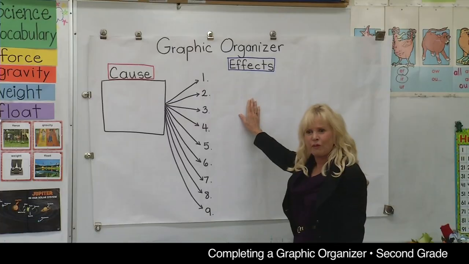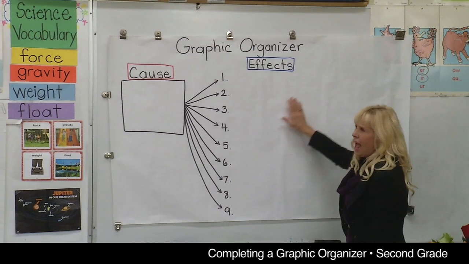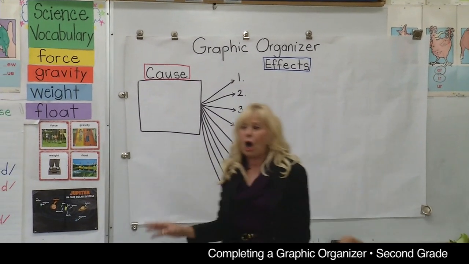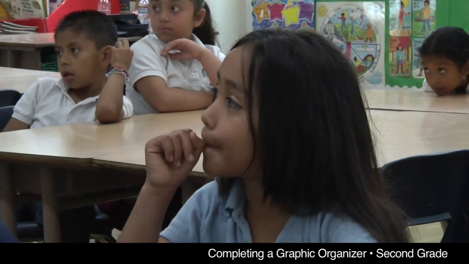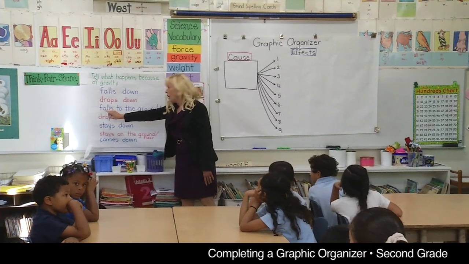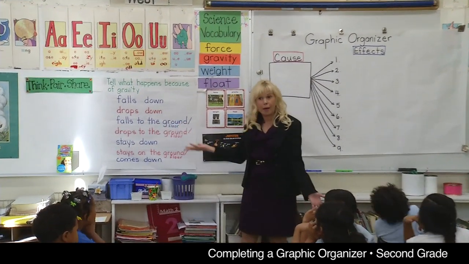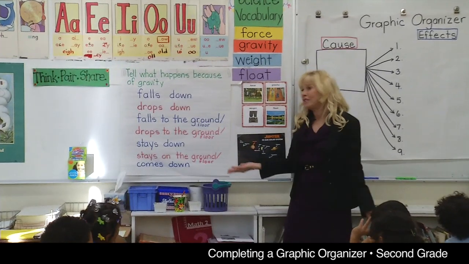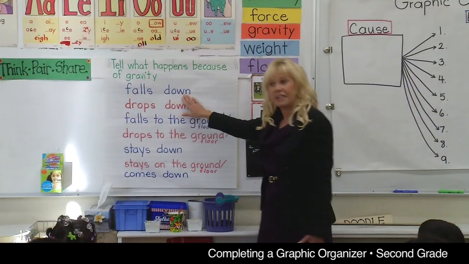Think of something that happens because of gravity. All right, now I'm going to give you an example because we have lots of ones to fill in here. A rock falls to the ground because of gravity. Right, so I picked this one. A rock falls to the ground. Okay, that happens because of gravity. But there's other ways I could say it. I could say just a rock falls down.